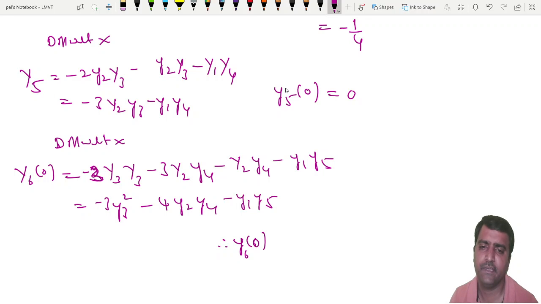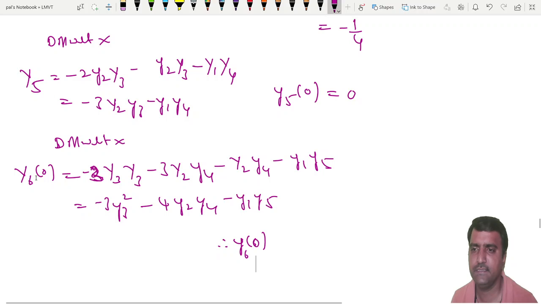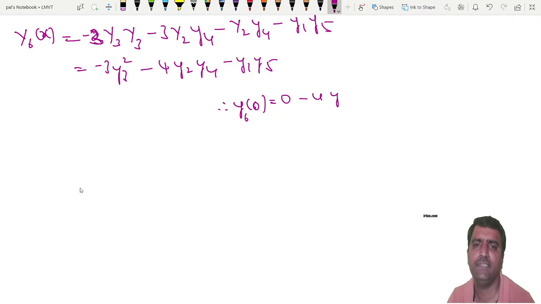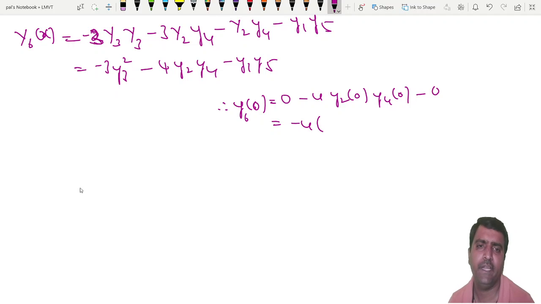Sorry, I am writing y6 of 0, but this is y6 of x, not 0. So y6 of 0 is equal to y3 of 0 whole square, that is 0, minus 4 into y2 of 0 into y4 of 0. y1 and y5 are both 0, so that gives 0.